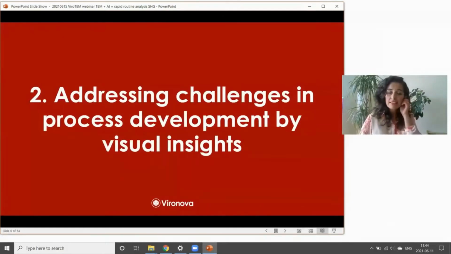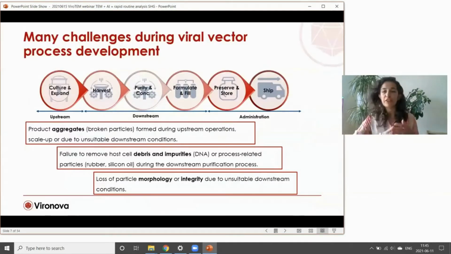With that information, I want to jump straight into the next point, which is addressing challenges in process development by visual insights. A lot of you might be very familiar with this, but I will still run through it in case there are new people in the audience to viral vector process development. When I think about viral vector process development, I think about troubleshooting and hurdles to overcome.